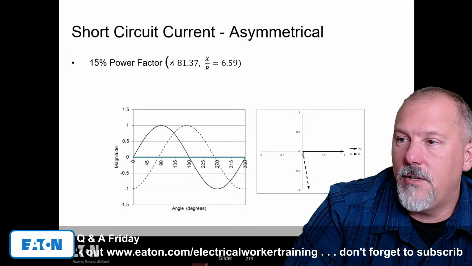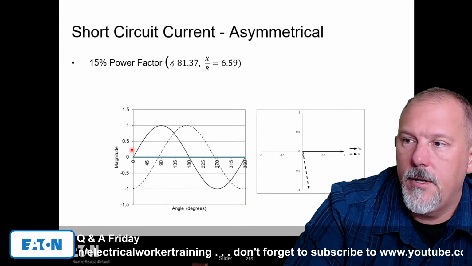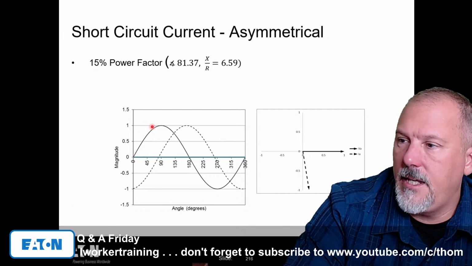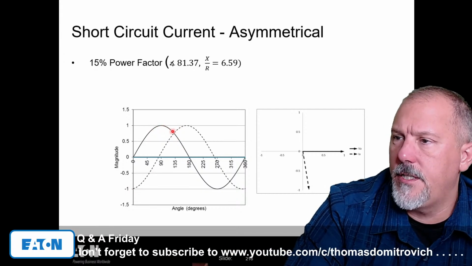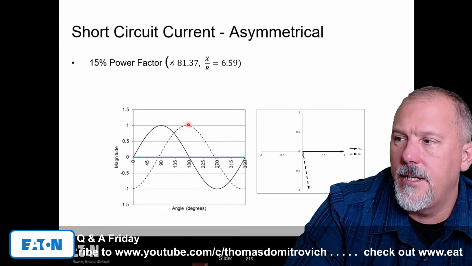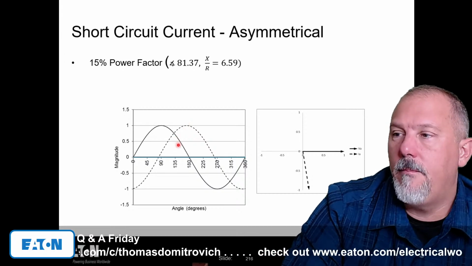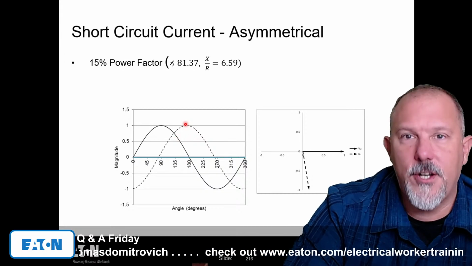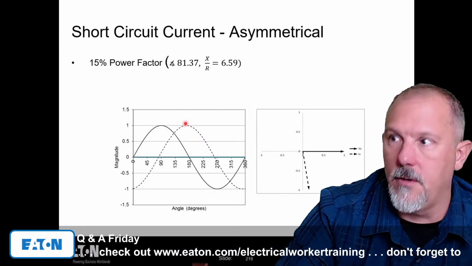And if you look at, let me get my laser pointer, if you look at this, this is your voltage and this is your current. As your voltage is coming down to cross zero, your current is peaking. So my voltage is approaching zero, but my current is approaching its maximum value. It can be very hard to interrupt that current.